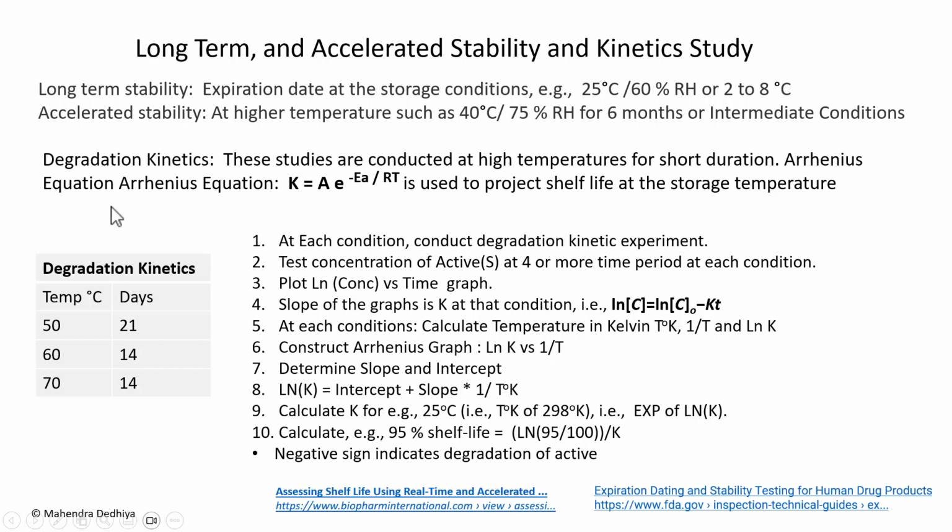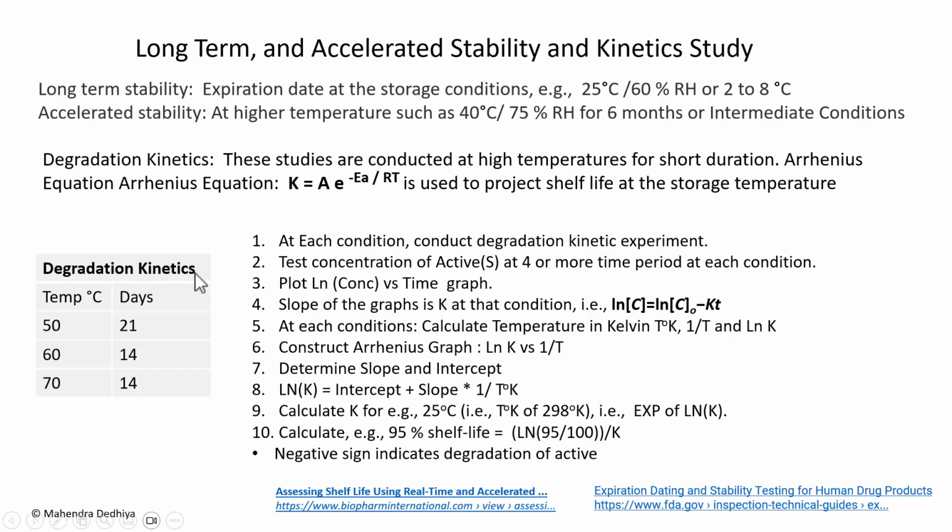It utilizes the Arrhenius equation K equals A e to the minus activation energy divided by RT, and we use that to project the shelf life. Actual establishment of the shelf life has to be done using long-term stability. However, we need to project the shelf life to decide what conditions will be the best.